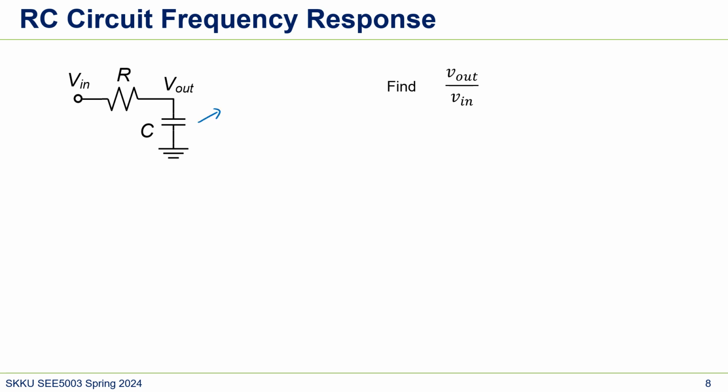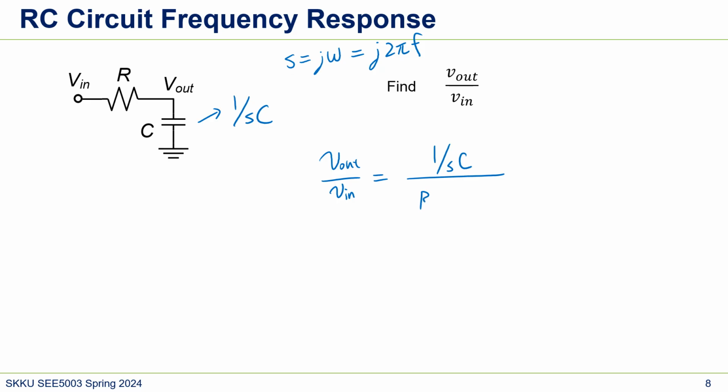Because the impedance of C is actually 1 over SC, and S is j omega. j represents the imaginary number, and omega is 2 pi times frequency F. So V out over V in is 1 over SC divided by R plus 1 over SC, and this will be 1 over 1 plus SRC.